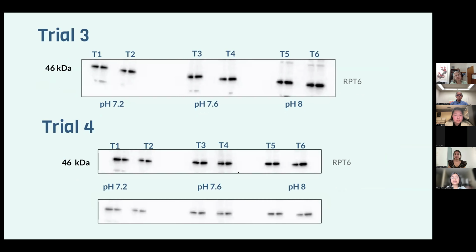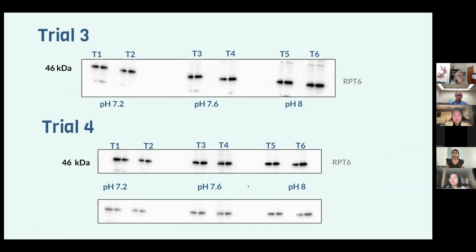Then I went ahead and did trials 3 and 4, which are now the top membranes. I used RPT6 for this one, and we expect to see our protein of interest at 46 kilodalton. Again, I treated this with the same buffer in different pHs, and we see that pH 7.6 has very consistent intensity bands. Even in trial 4, if we change the contrast, you can see the differences in the binding of antibodies and the protein concentration.